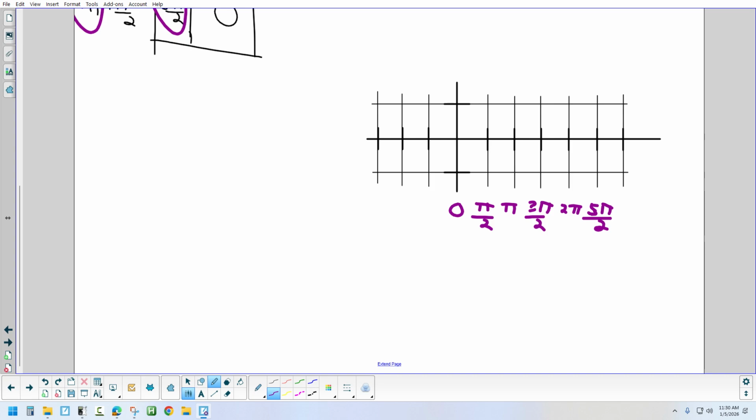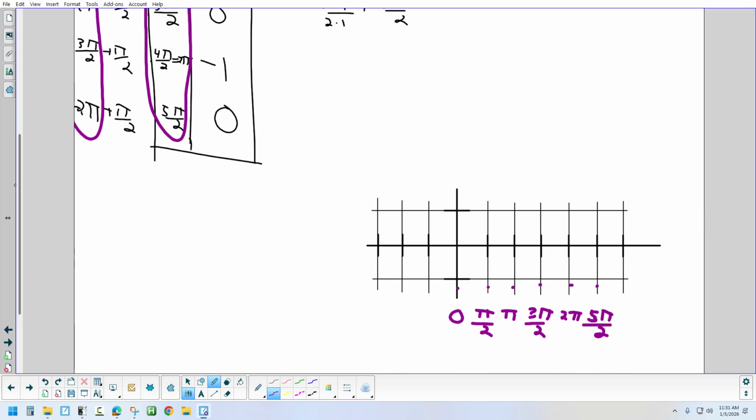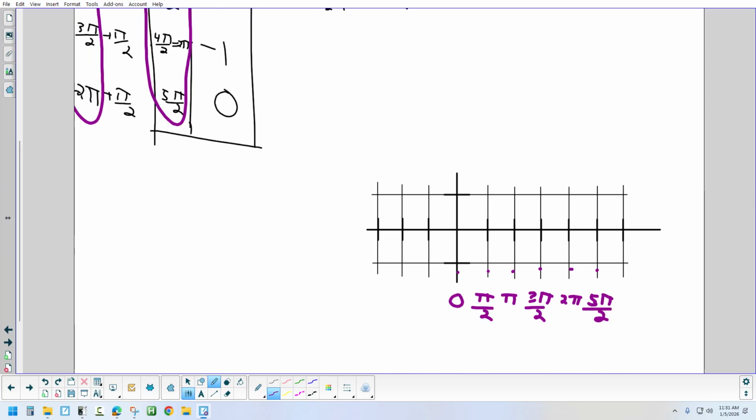Okay, if you don't, then I'm going to assume 0, 1, 2, 3, 4, 5. And that's not what these numbers are. Up and down, what's the highest y value we need? 1. And the lowest? Negative 1. So because I am going to go by 1s on my y-axis, you technically don't have to label the y's. Because anytime you don't label tick marks, I'm going to assume 1.